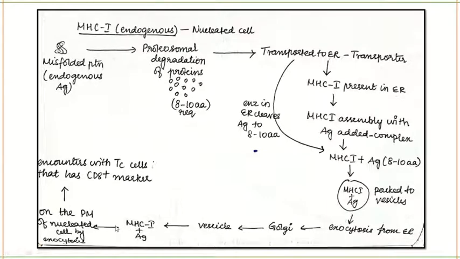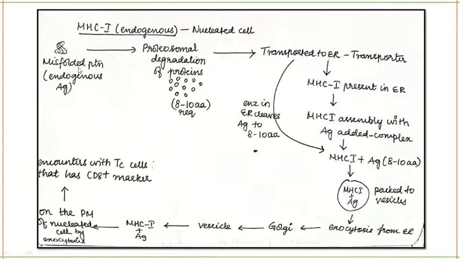Exocytosed means it will be sent out and it will be present in the plasma membrane. This MHC1 molecule will be present in the plasma membrane and it will be presenting the antigen to the TC cells, which are present extracellularly, and interaction between MHC1 and TC cells is using the CD8 plus marker. Very simple pathway.